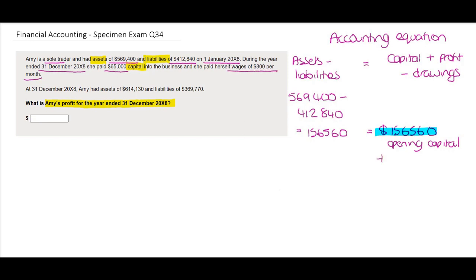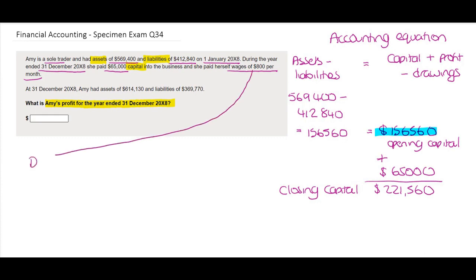Therefore, if we add the $65,000 capital paid into the business during the year, we will then get closing capital of $221,560. The other figure we were given were the wages of $800 per month. This will be used to calculate our drawings figure.